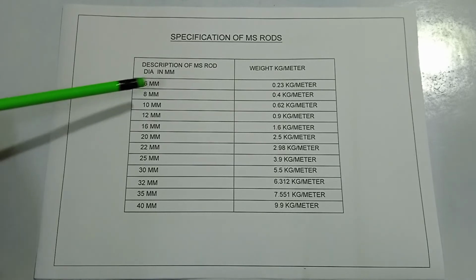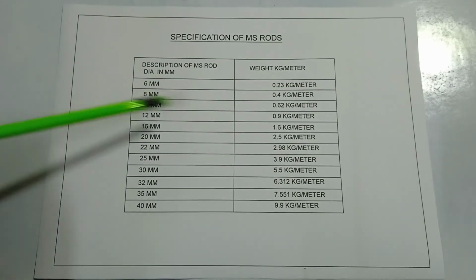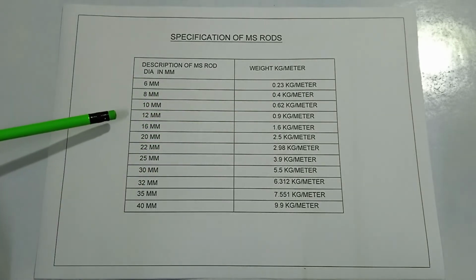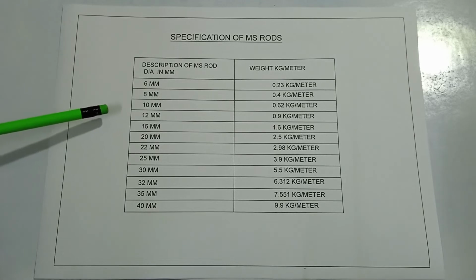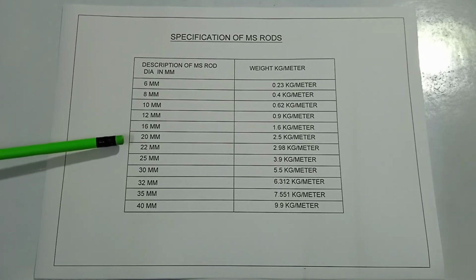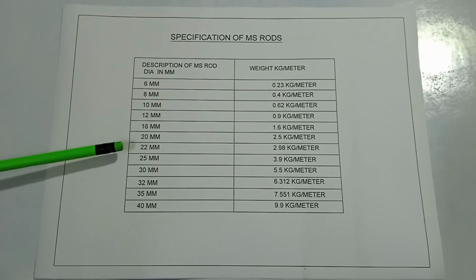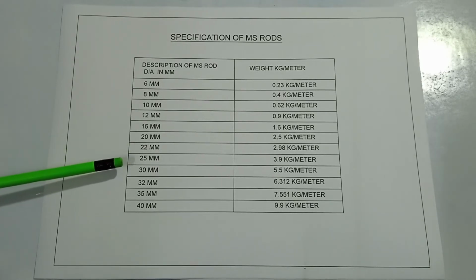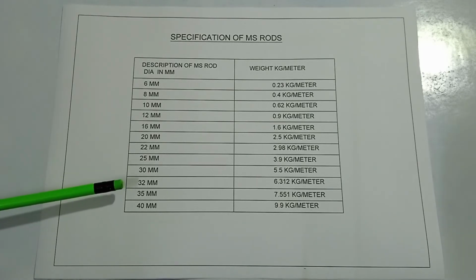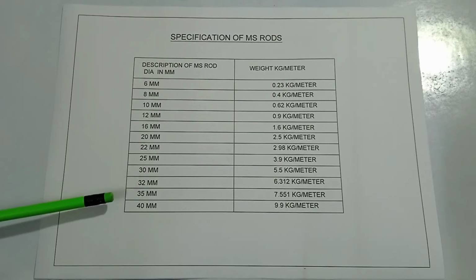Here is 6 mm, 0.23 kg per meter; 8 mm, 0.4 kg per meter; 10 mm, 0.62 kg per meter; 12 mm, 0.9 kg per meter; 16 mm, 1.6 kg per meter; 20 mm, 2.5 kg per meter; 22 mm, 2.98 kg per meter; 25 mm, 3.9 kg per meter; 30 mm, 5.5 kg per meter; 32 mm, 6.312 kg per meter; 35 mm, 7.551 kg per meter; 40 mm, 9.9 kg per meter.